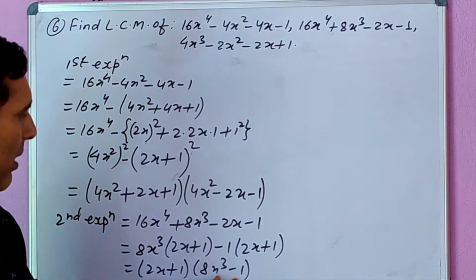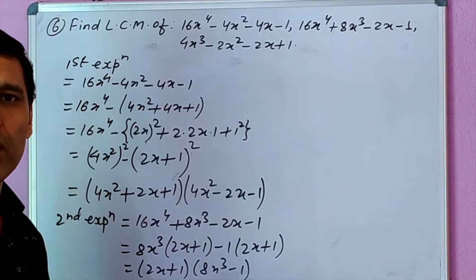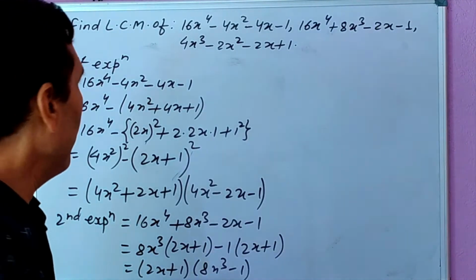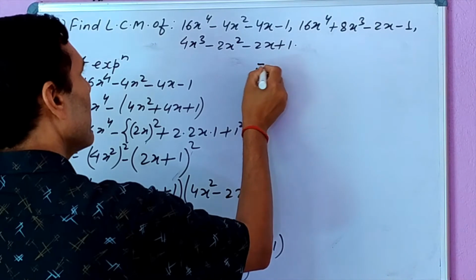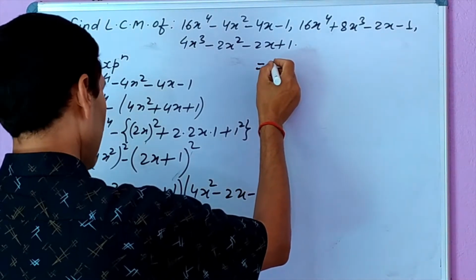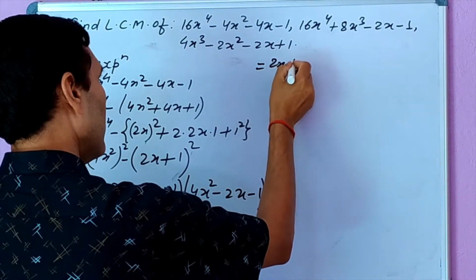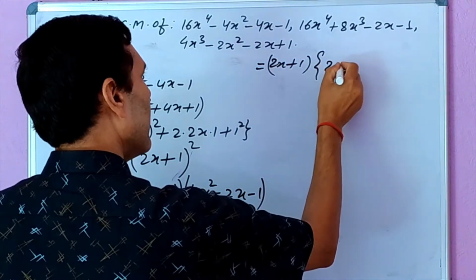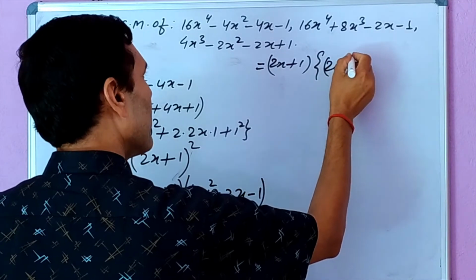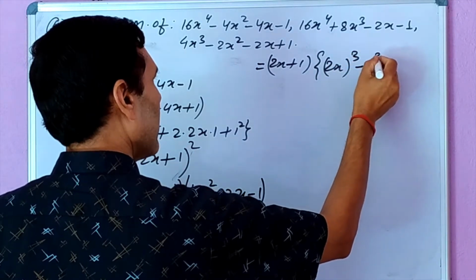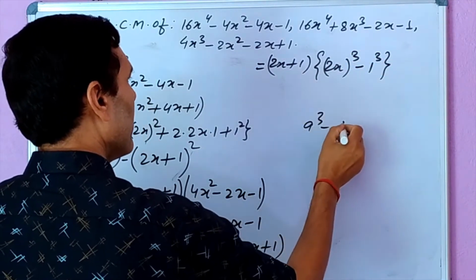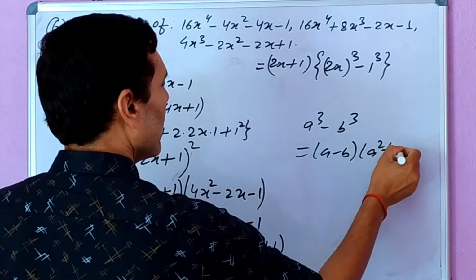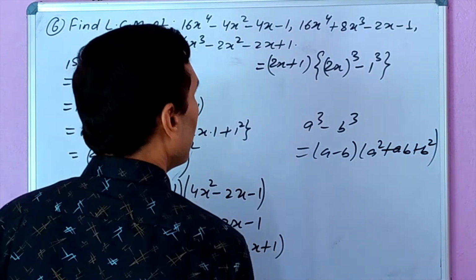Now again we have 8x cube minus 1 in the second bracket. We have to factorize this using the formula of a cube minus b cube. So it is 2x plus 1 as it is. On the other side, 8x cube is the cube of 2x, minus 1 cube. The a cube minus b cube formula is a minus b times a square plus ab plus b square.